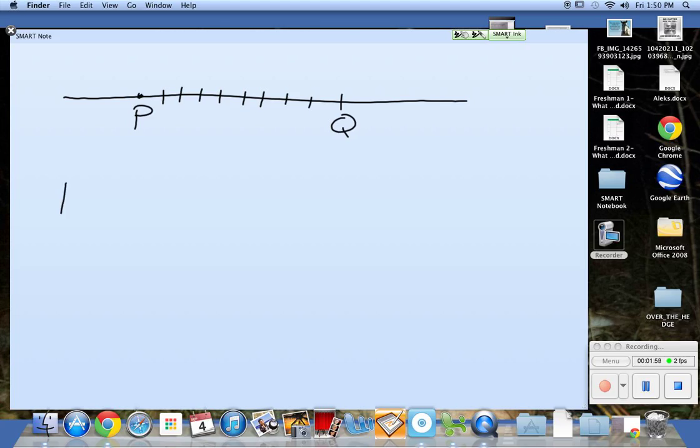I could say segment PQ, with a line over the top, is equal to 9. You start here and you go 1, 2, 3, 4, 5, 6, 7, 8, 9. That's how we measure a segment.